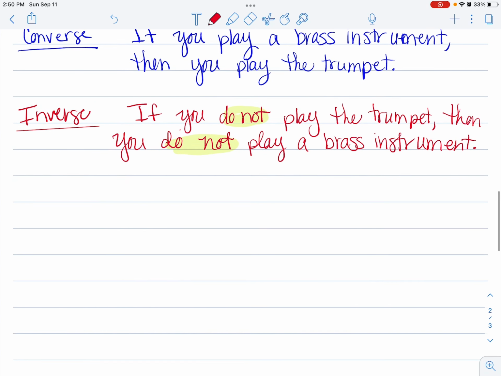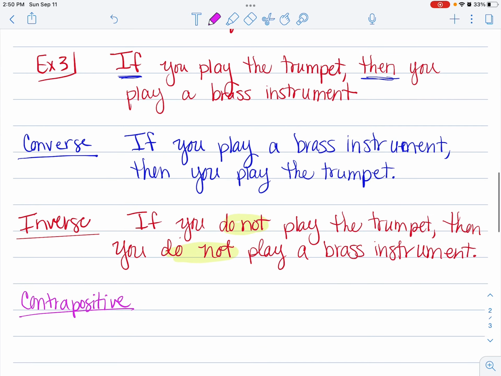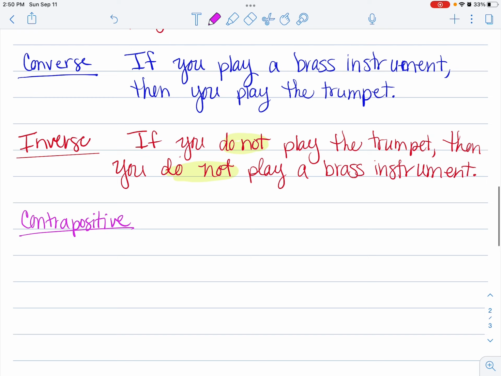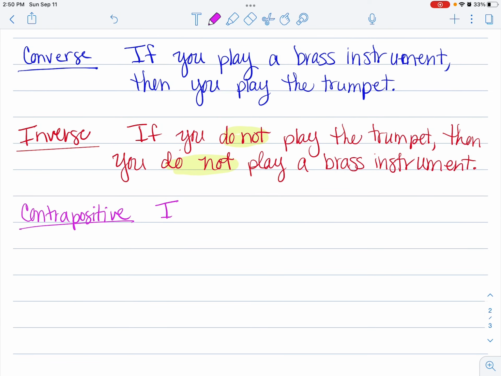All right, finally, let's look at the contrapositive of this statement. Okay, remember the contrapositive is where you do both. Again, going back to my original statement, I'm going to switch them and I'm going to negate them.